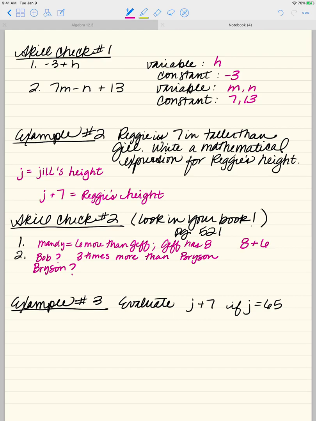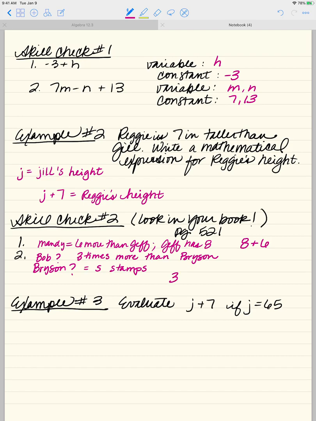So how can I show using numbers and variables, thereby writing an algebraic expression, how many stamps Bob has? Well, let's say Bryson has S stamps. I'm going to say S for Bryson's stamps, okay? Bob has 3 times more.